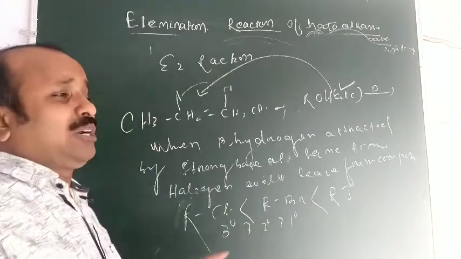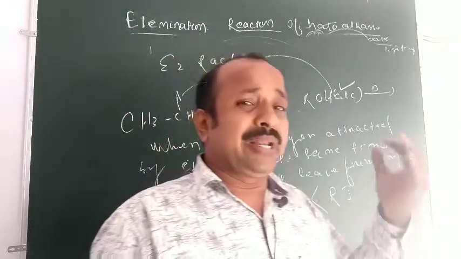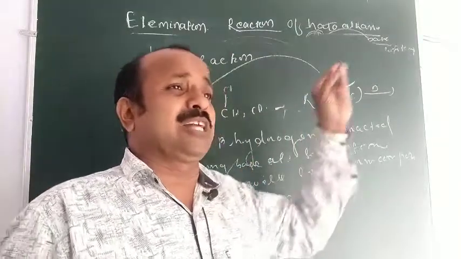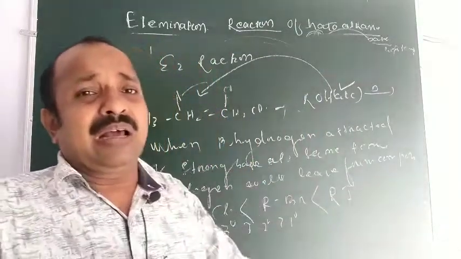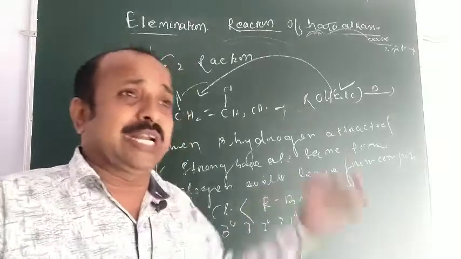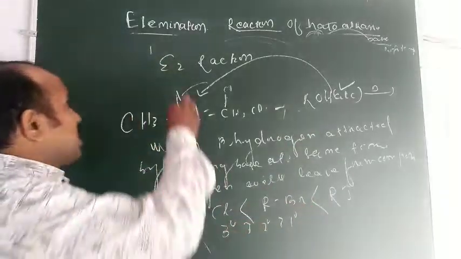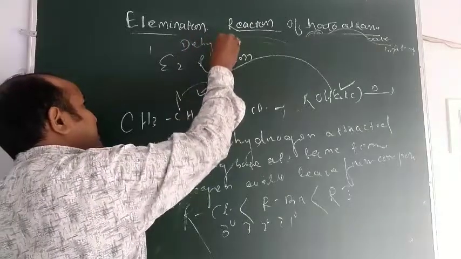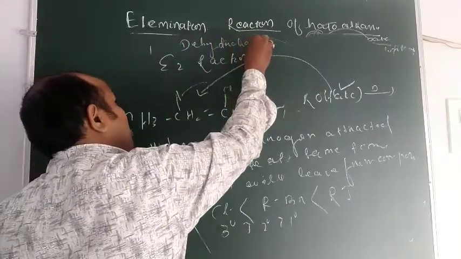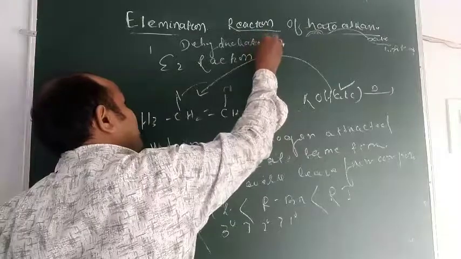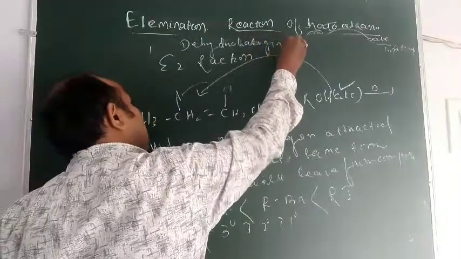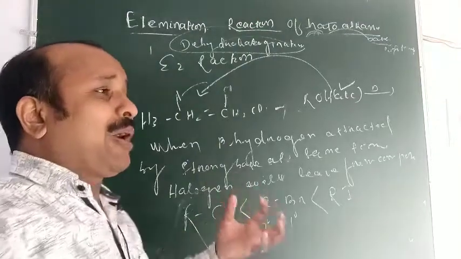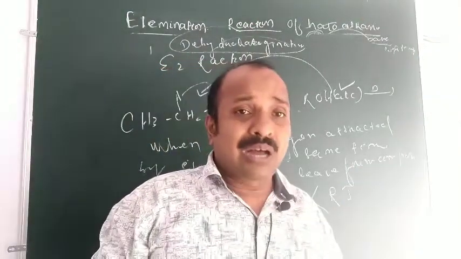Dehydrohalogenation means removal of beta hydrogen as well as alpha halogen, hydrogen and halogen. So it is called dehydrohalogenation. That is also called alpha beta elimination.